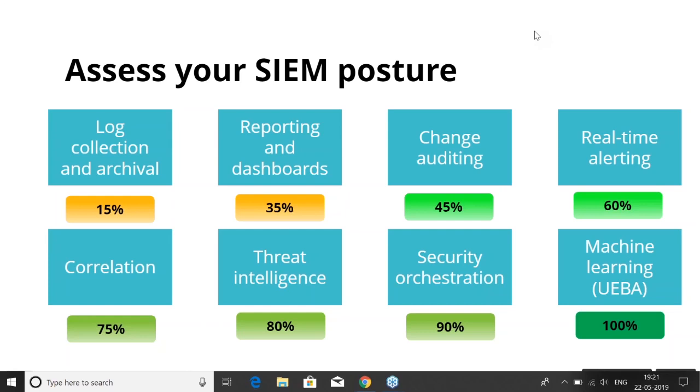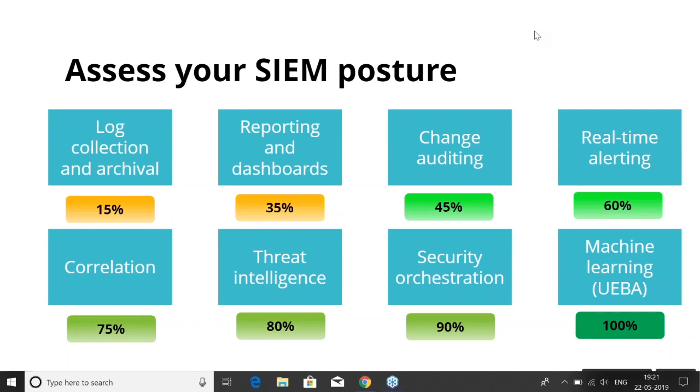And then leveraging more advanced features such as correlation, threat intelligence, security orchestration, which is to integrate your SIEM solution with other tools in your IT, such as help desk tools, to make your process of resolution more efficient. And then machine learning, or UEBA, just keeps increasing your maturity level in SIEM.